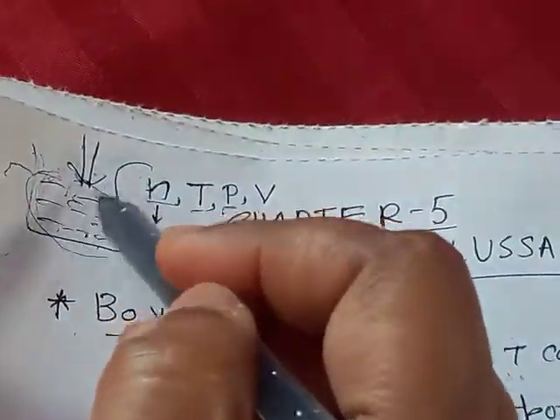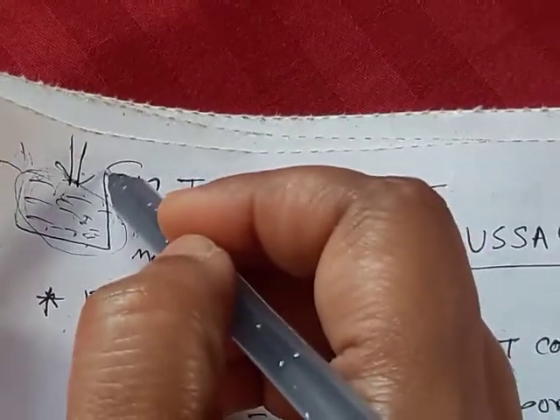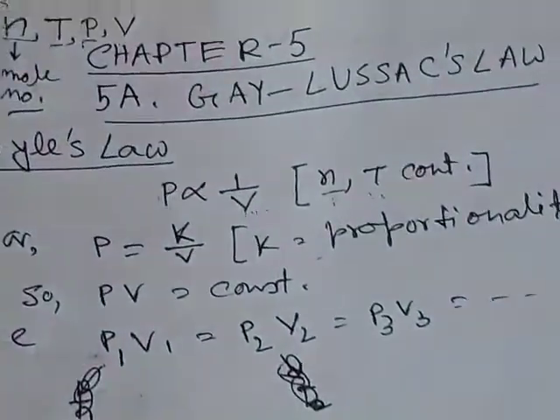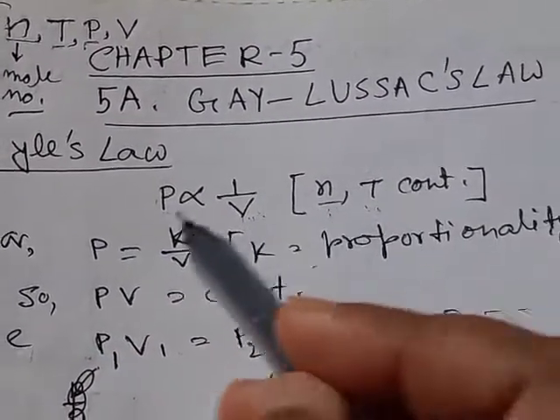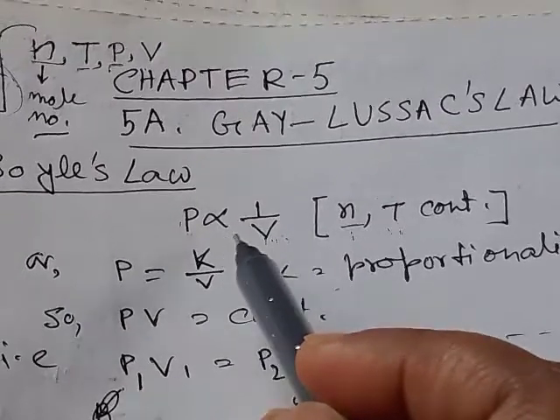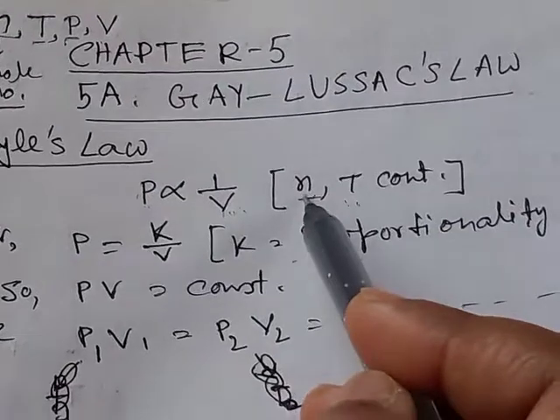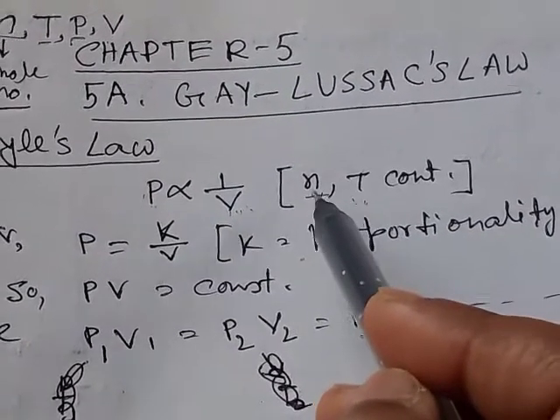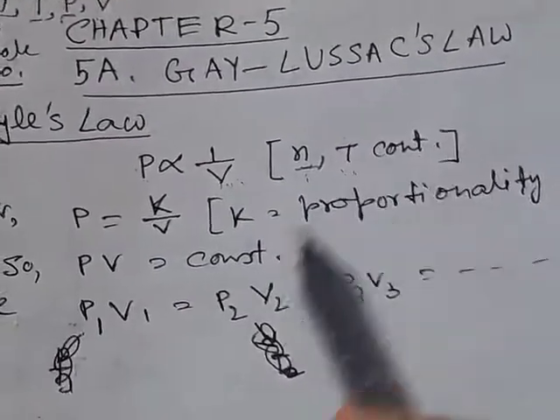If we decrease the pressure, volume will increase, that means gas expands. This is Boyle's law. For Boyle's law, the temperature and the amount of gas must always be constant.